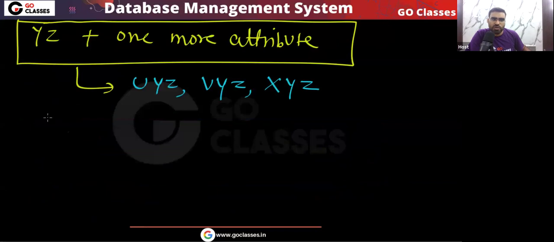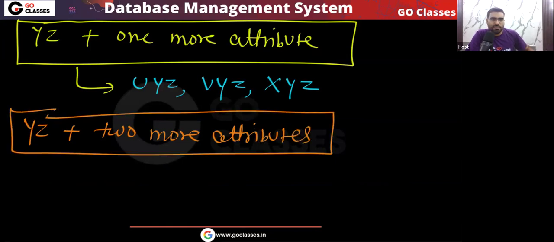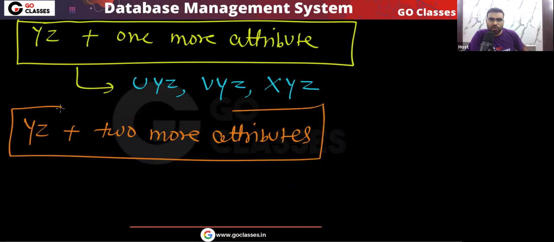Now what are we going to do? Tell me. Now we are going to do YZ plus two more attributes. But when I'm checking plus two more attributes, which attributes can I not take? A candidate key is minimal, right?